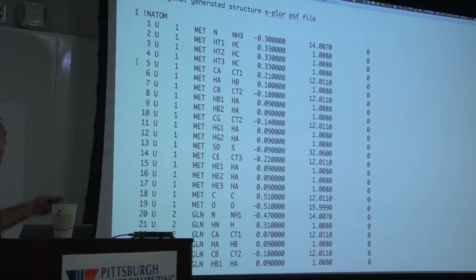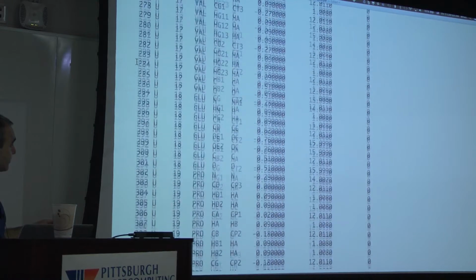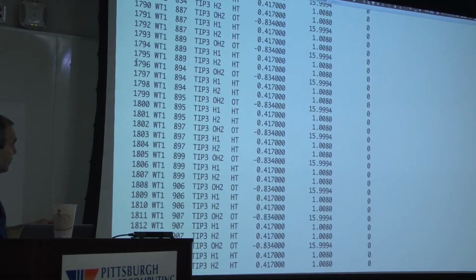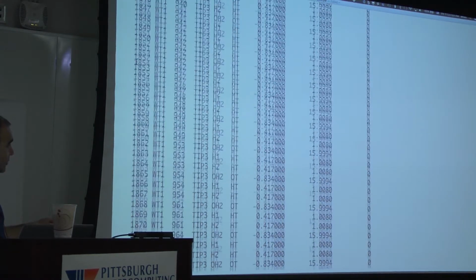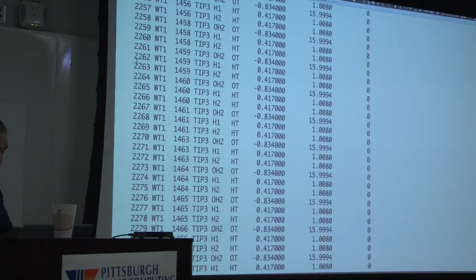So everything is here. We start with the number of atoms. All the atomic information is here. Then come the water molecules. And then the next section is going to be about the bonds.